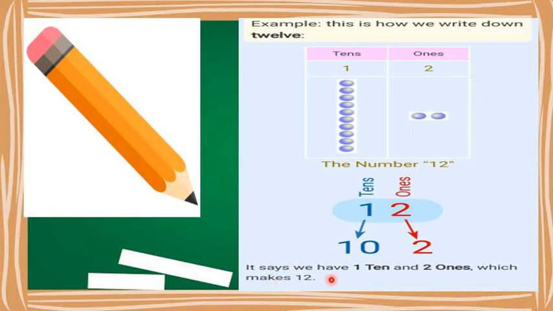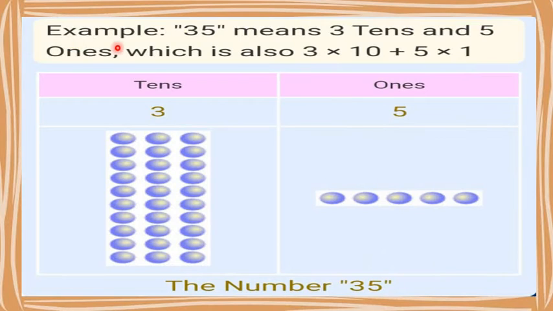It says we have 1 ten and 2 ones, which makes 12. One more example, 35 means 3 tens and 5 ones. Okay, look, this is 3 tens and 5 ones, which makes the number 35.